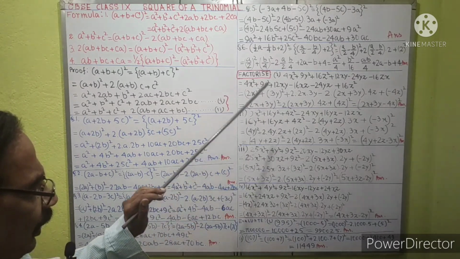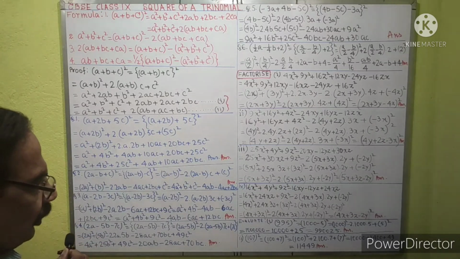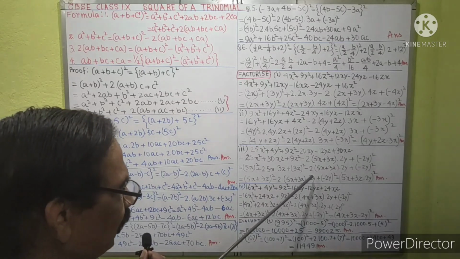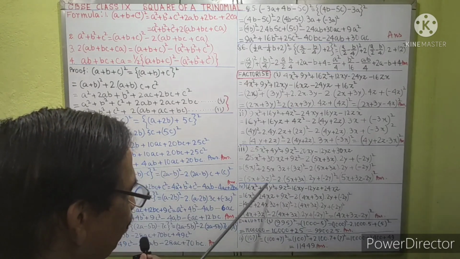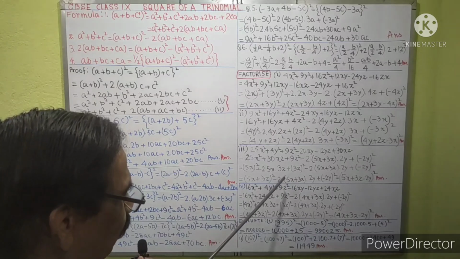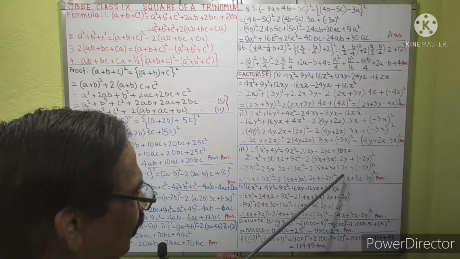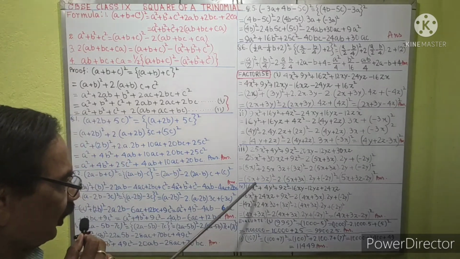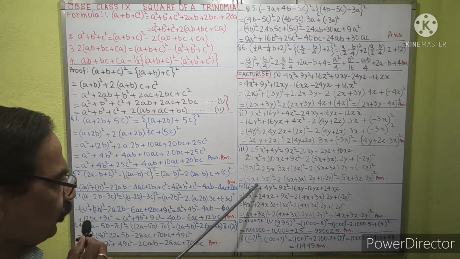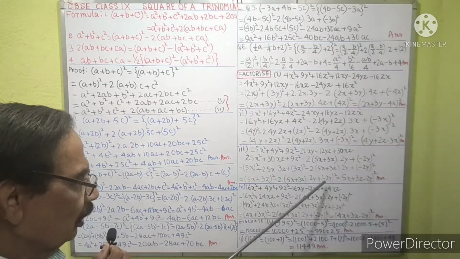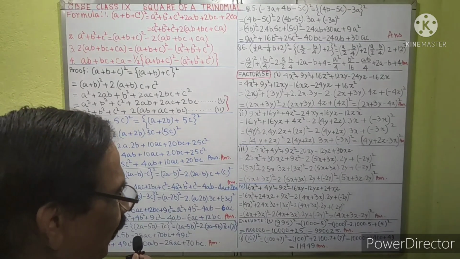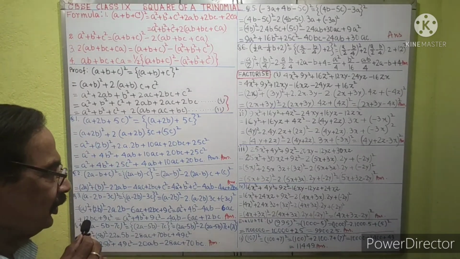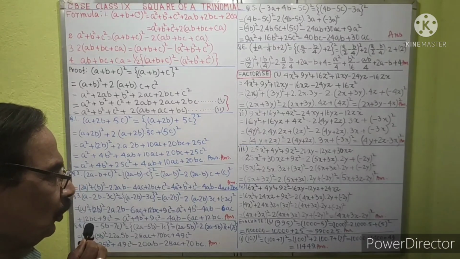Similarly in the previous sums, we have arranged this way, 2 into (5x plus 3z), because it will be (5x plus 3z) whole square, and 2y separately b, and this is b square. In the same way we have done, this is a whole square minus 2ab plus b square, that is (5x plus 3z minus 2y) whole square. You can also write this (5x plus 3z minus 2y) whole square twice.